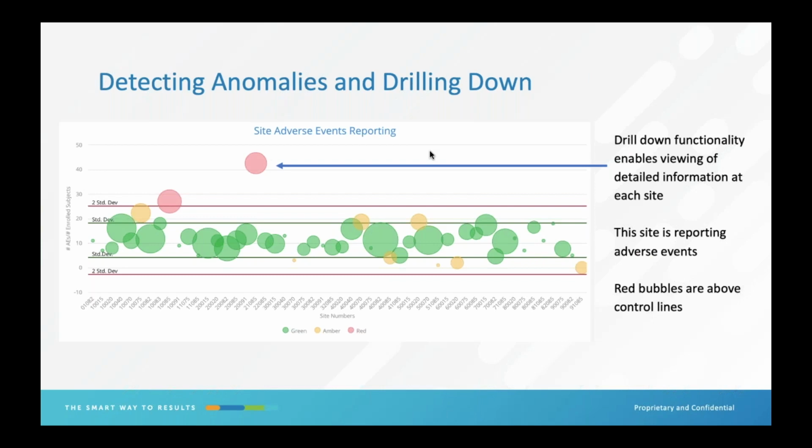Now you can see the details for the site, and why the site is an outlier at the study level as well, right? As you see here, there are various standard deviations built out in the graph, and users can visualize whether the site is red, amber, or green, and then maybe devise an action for how they need to remediate the issues at the site.